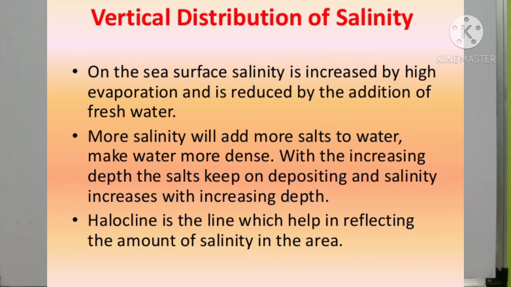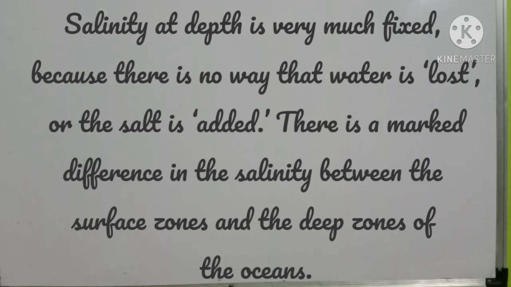Salinity changes with depth, but the changes depend on where the water body exists on the earth. The salinity at the surface increases by the loss of water to evaporation or ice, and decreases by the impact of fresh water, such as from rivers.